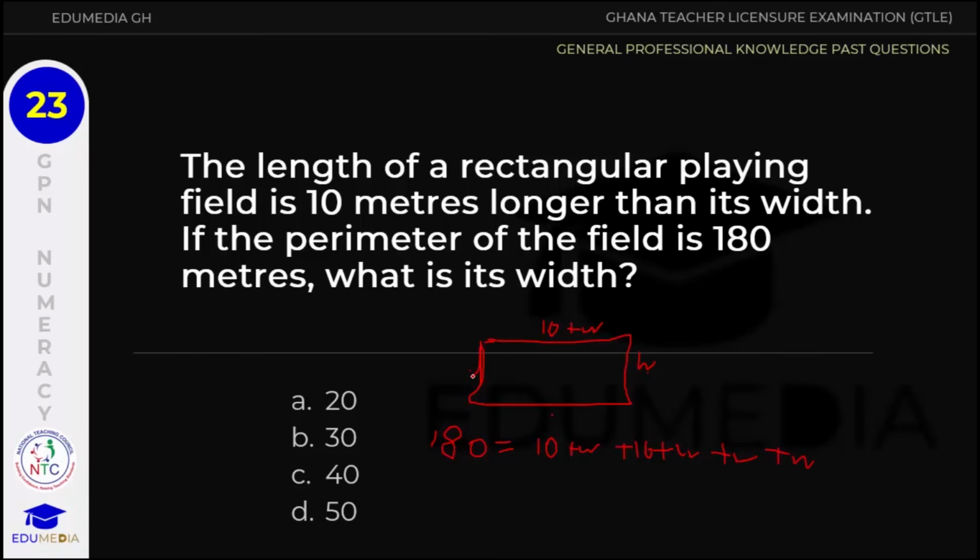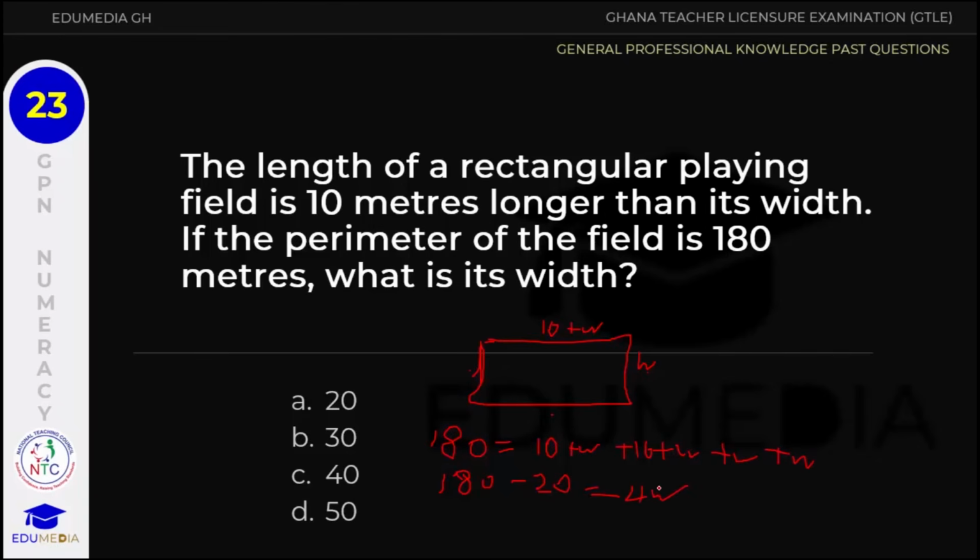All right, and you do 180, you do your computation, 10 plus 10, 20. Width we have 4 of them, so this is 20 here, and this is going to be 4W.